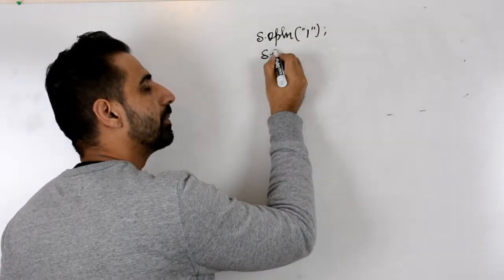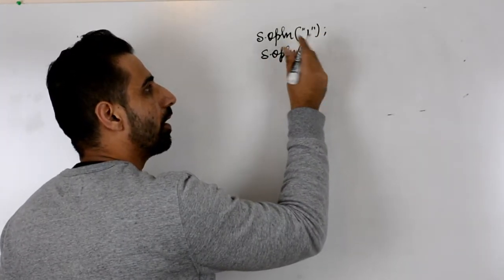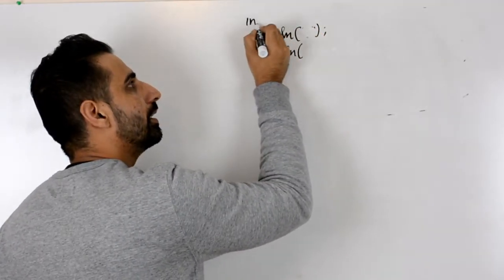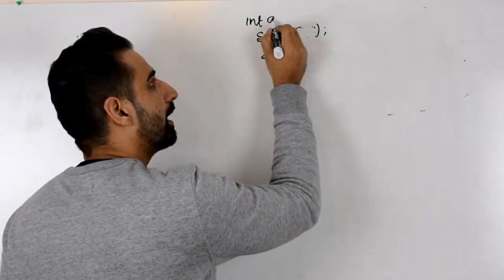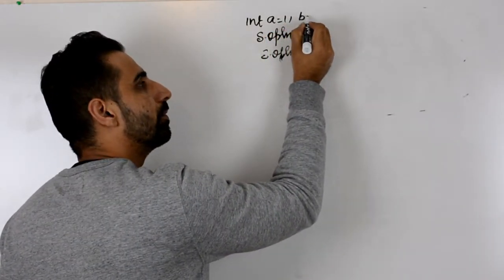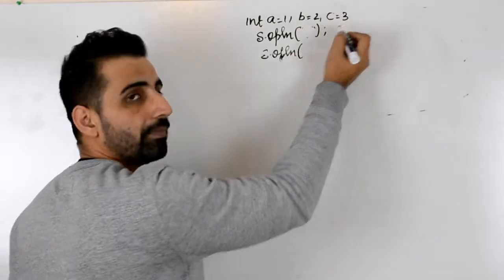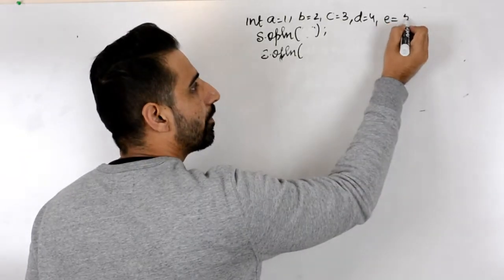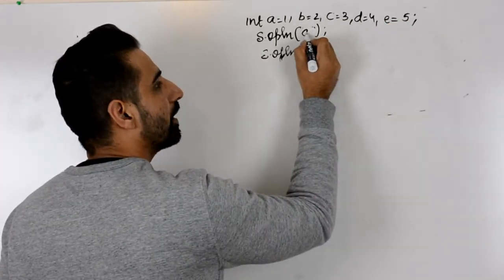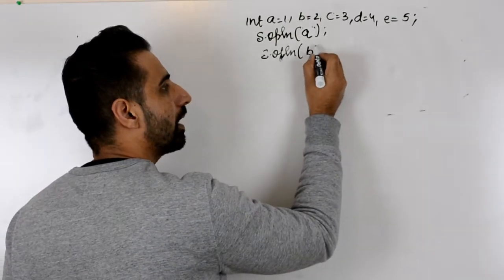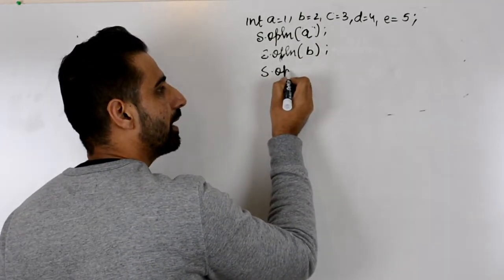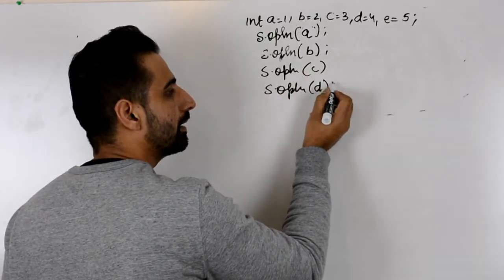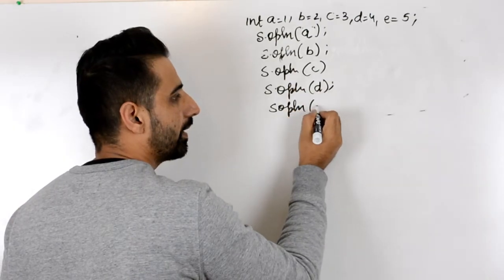Or instead, I can store these values: int a equals 1, b equals 2, c equals 3, d equals 4 and e equals 5, and then I can write System.out.println a, System.out.println b, System.out.println c, System.out.println d, and System.out.println e.